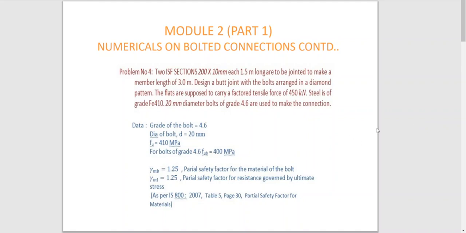Then for the partial safety factors, you can refer to table number 5 on page 30 of IS 800:2007, that is gamma MB and gamma M requirement. And ISF sections, ISF means Indian Standard Flat Sections. The width is 200 mm and the thickness is 10 mm.